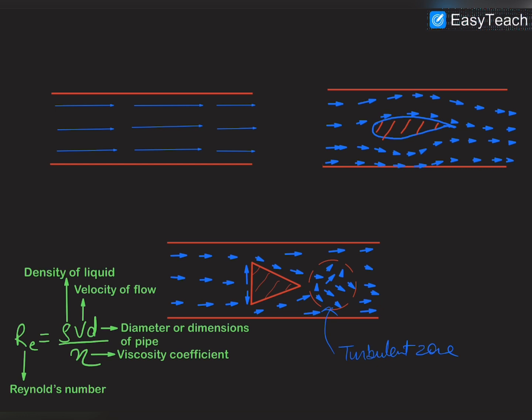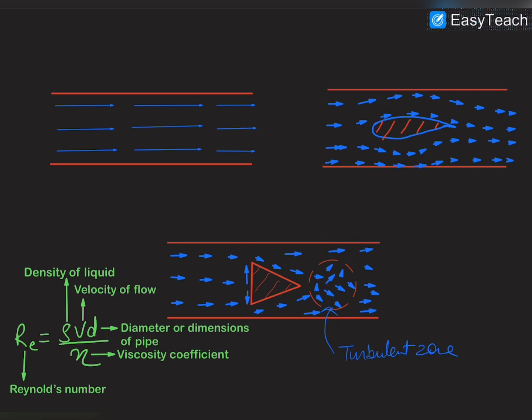But if an object of arbitrary shape or with sharp edges is kept inside this fast flowing river, the molecules will be disturbed by the blockage of the obstacle, and there will be a turbulent zone in which molecules are absolutely not following any streamline. So this flow will be turbulent flow.